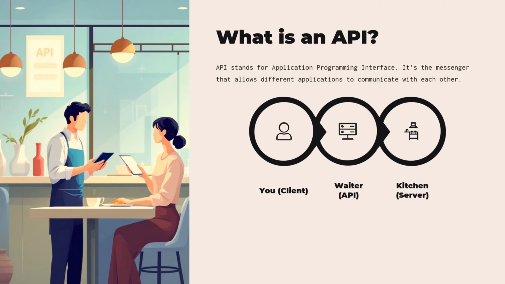You are the client, the waiter is the API, and the kitchen is the server. So the waiter provides the interaction between you and the kitchen. You just have to say, give me today's weather, and the waiter goes to the kitchen, that is the server, and brings back the weather. So this is how the waiter acts as an API.